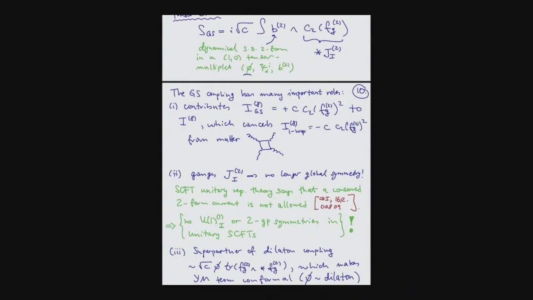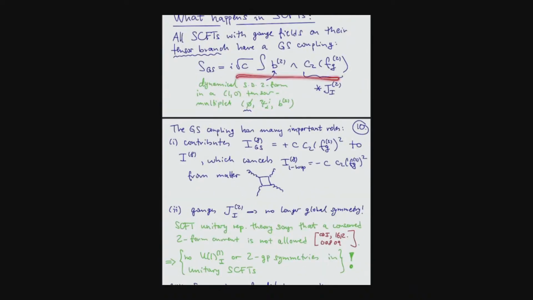Okay, so the moment you appreciate that this coupling has to be there, then the role of this current, which before we said was a global two-form symmetry current, changes. If you take a global symmetry current and you couple it to a dynamical gauge field, then it's no longer a global symmetry current. It has been gauged, right? It's like taking a global symmetry and coupling it to QED.